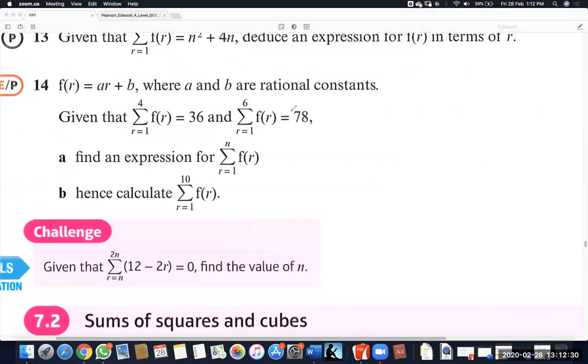So given this one, express this one. That means you need to somehow calculate A and B. So from the left hand one, you can rewrite this formula as this one. A is a constant, okay?